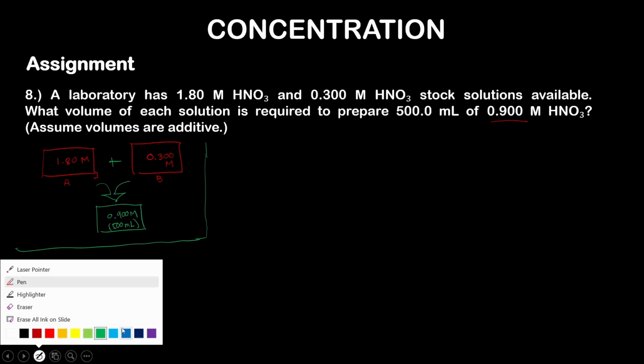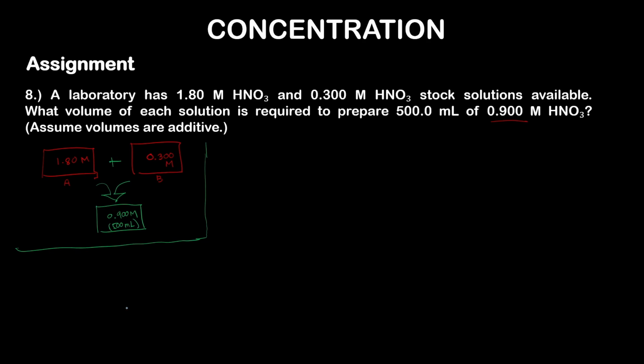Okay, let's solve this. Let's start with the volume. We know that the final volume should be 500 ml. So we can say that the volume from stock A plus the volume from stock B must be equal to 500 ml, or in liters, 0.500 liters.